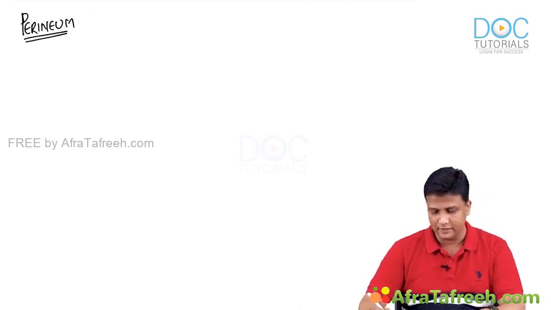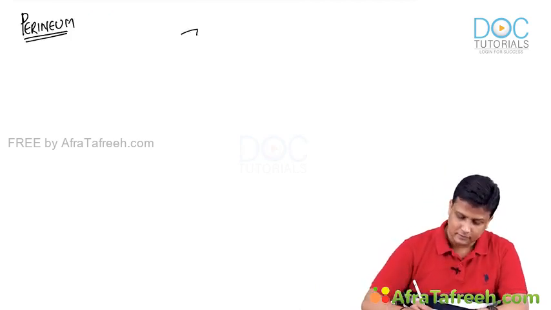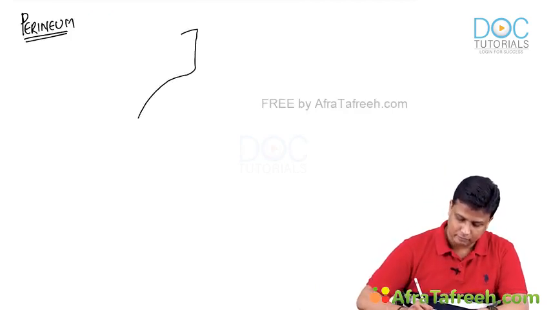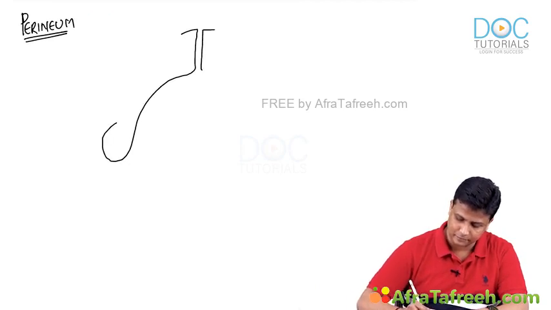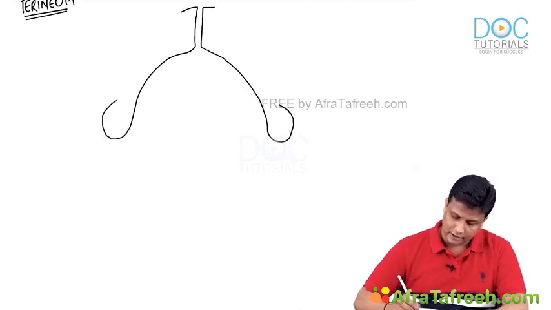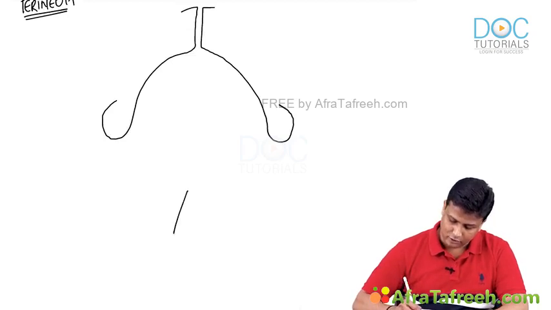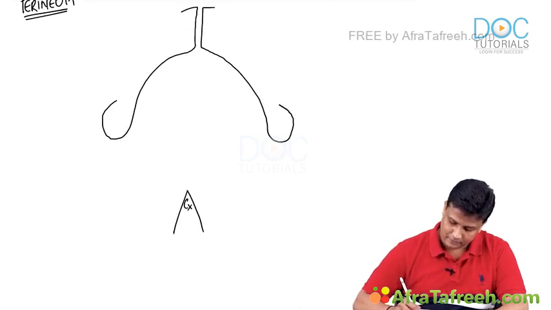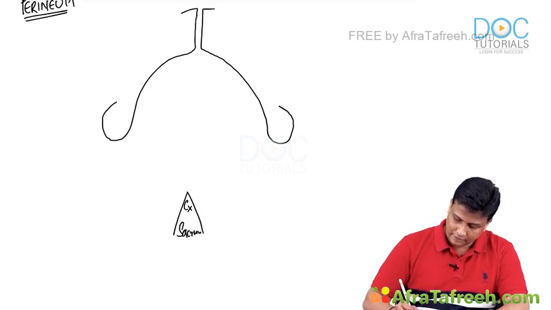So moving on to this next topic here, the perineum. And in the perineum, let us see the boundaries of the perineum, guys. Pubic symphysis and ischial tuberosity here. And then posteriorly, you'll have the coccyx. And this will be the sacrum. Between the sacrum and the ischial tuberosity, there will be a ligament here.